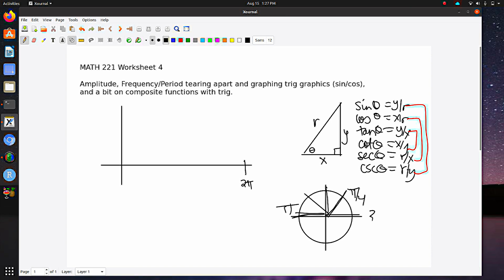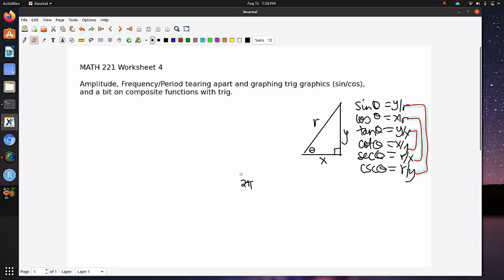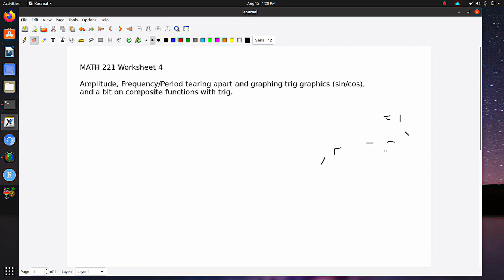And then 360 degrees is 0, is the same as 2 pi. So you just keep moving around the circle like that. Okay, so then you're going to ask questions about what happens to these various trig identities as you move around that unit circle. So the first thing we want to do actually is get rid of this graph and get rid of all this. I'm going to clean up this space a little bit.